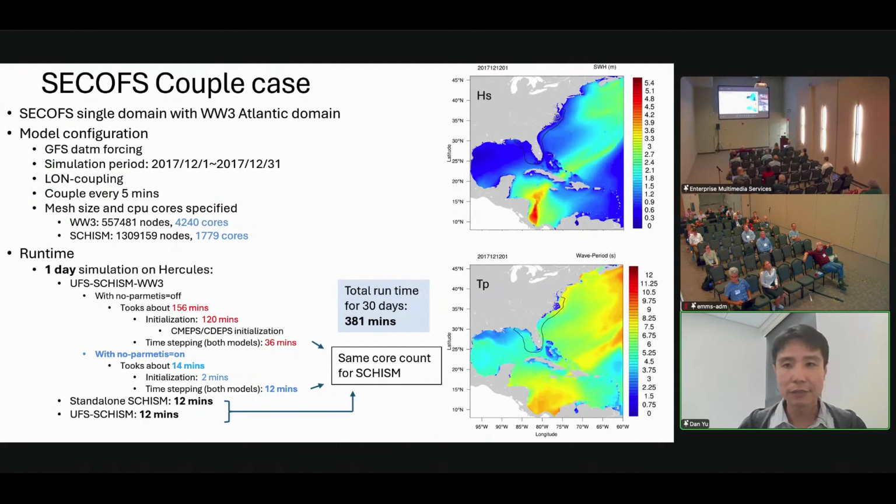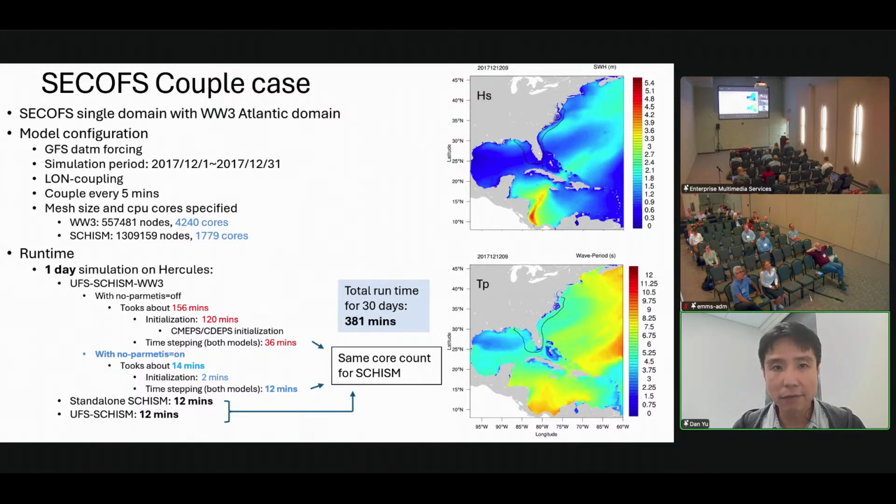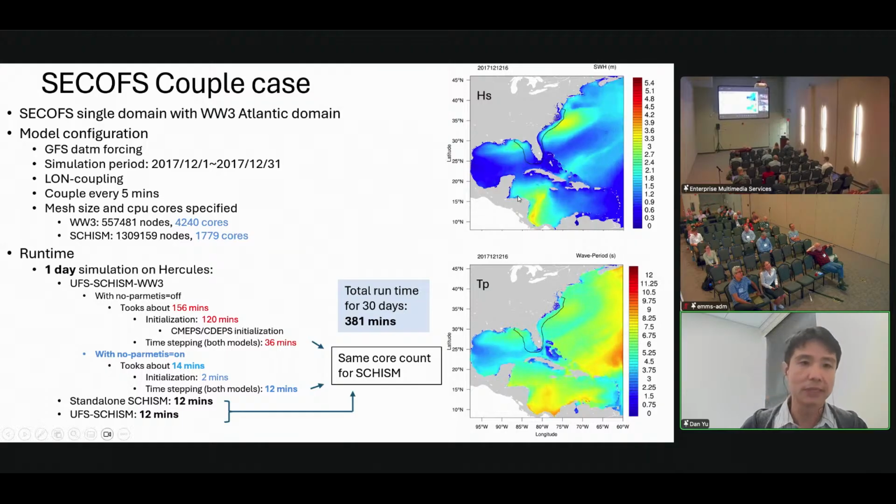And this is the large domain test case for the CCOPS coupled case, and this is the Atlantic domain here, and the solid line is the CCOPS domain. We run 1 month and Longuet-Higgins coupling for 5 minutes every coupling.